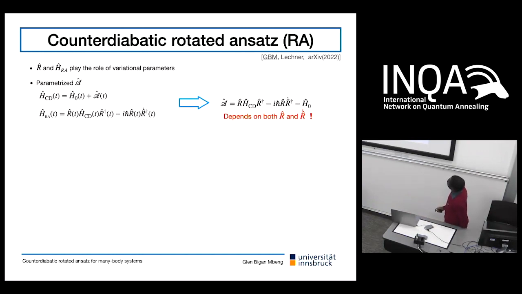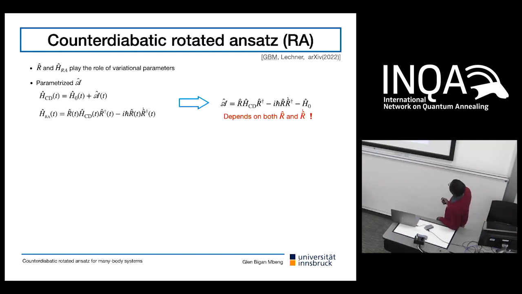So what we did was to develop a possible way to tackle this problem. First of all, we rely again on the variational approach by Sels and Polkovnikov, and this requires us to start by identifying the potential we are adding to the Hamiltonian. If we start from our hypothesis of the rotated frame, we get this kind of potential here.